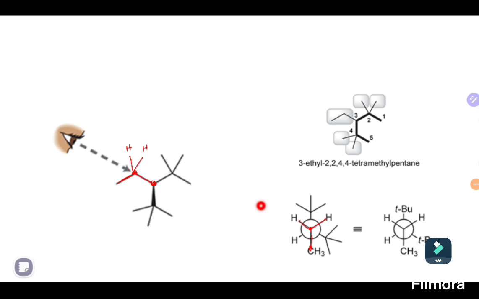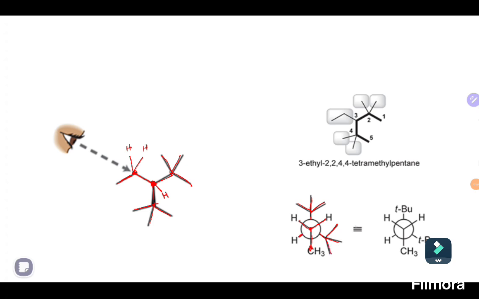And then on the back circle, on this back carbon here, we have a tert-butyl group here, another tert-butyl group here, and there is a hydrogen hiding here to fill out the valency of that carbon. In the two images down here, we see the tert-butyl groups on the back carbon and the hydrogen that's also hiding out on that carbon.